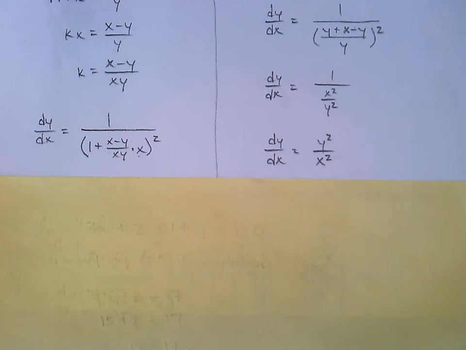That derivative, dy over dx, is y squared over x squared. So we have found the slope at any point for our family of curves, or family of solutions.